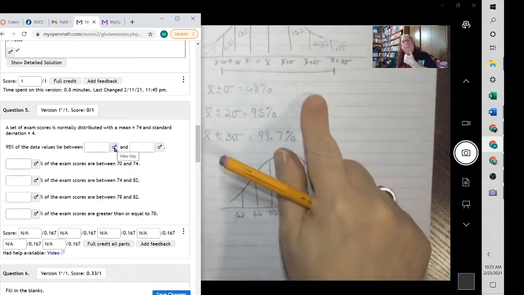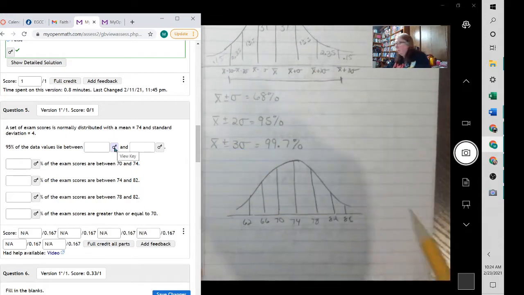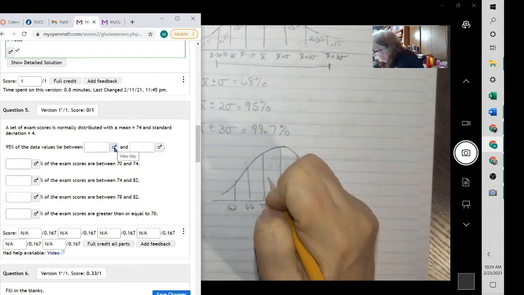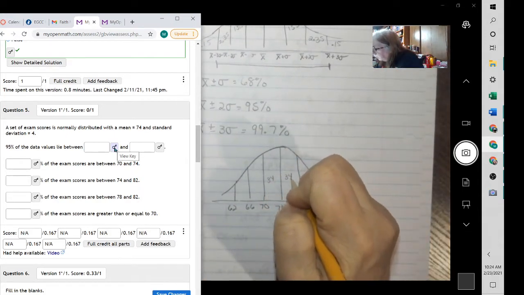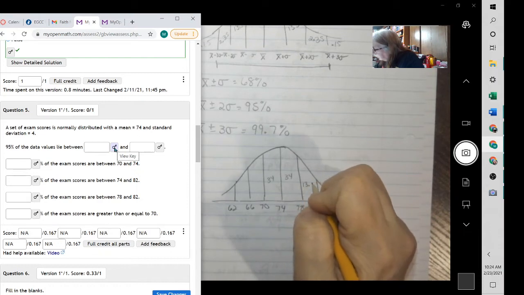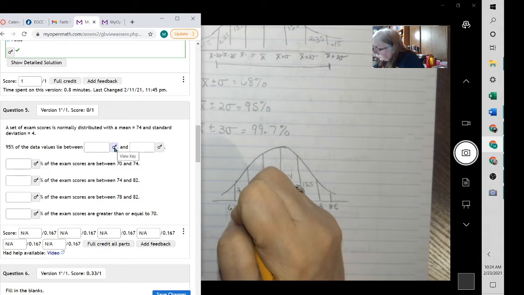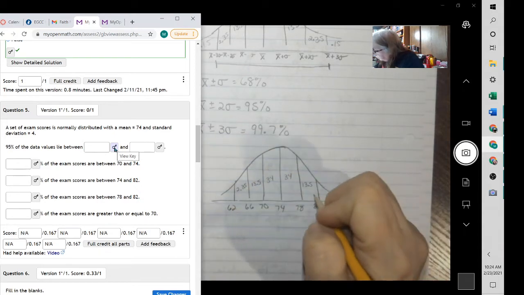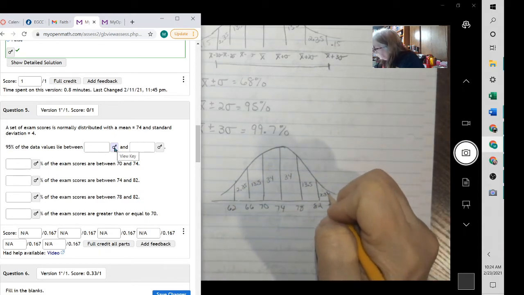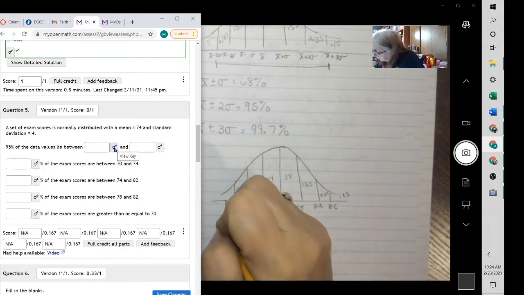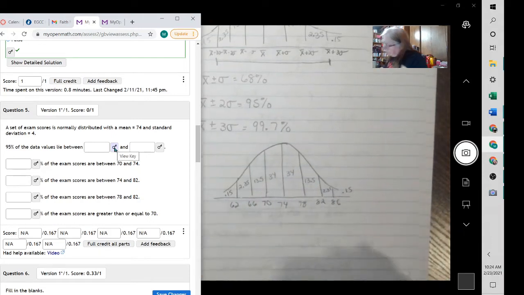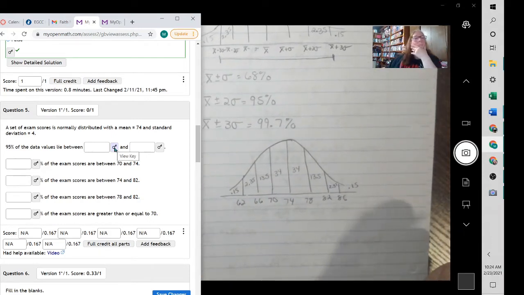The percents that we had here stay the same. So the middle is 34 each, 13.5, 2.35, and then 0.15. It says find the middle 95%.